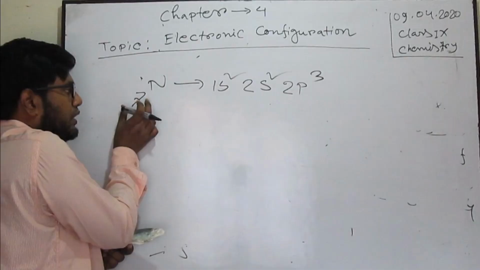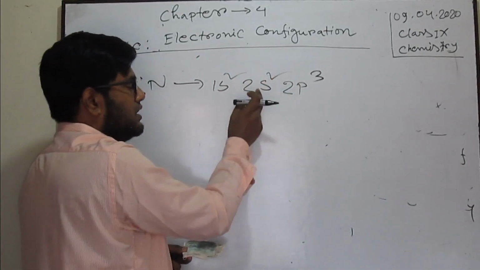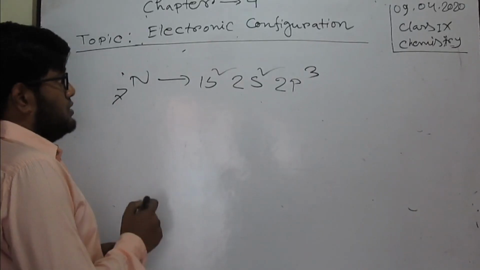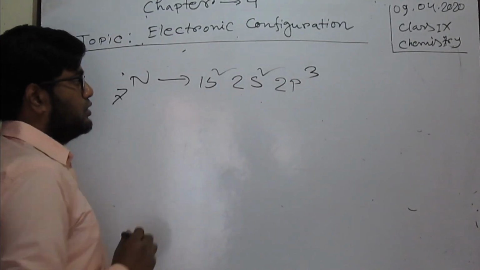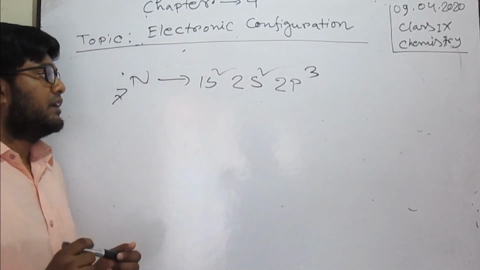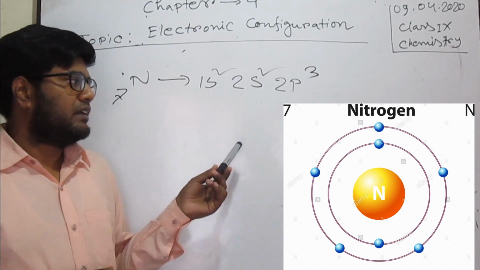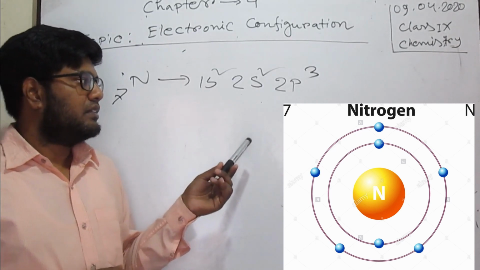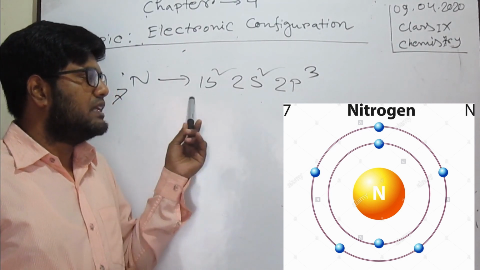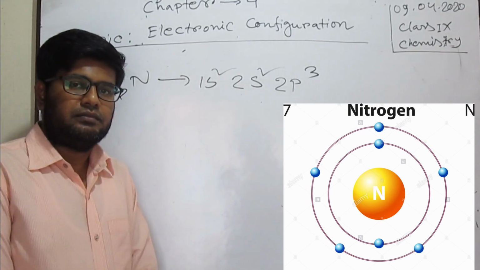Because we have in total 7 electrons, 2 electrons go to 1s orbital, 2 electrons in 2s orbital, 3 electrons in 2p orbital. Okay students, here you see the electronic configuration of nitrogen. You can observe the orbital diagram of nitrogen in that corner of the board. Here the electrons are distributed in different orbitals in this way, so you can understand by the orbital diagram.